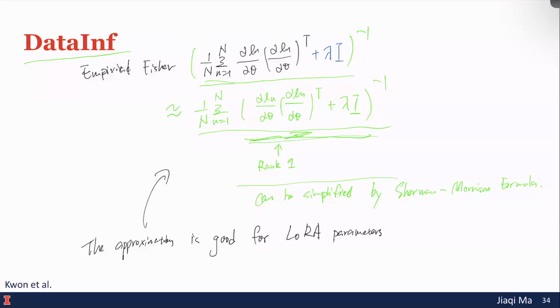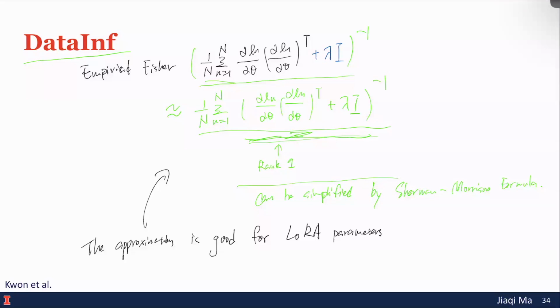So this is another way, for some specific model structures, especially for LoRA fine tuning, to do this inverse Hessian product more efficiently. And you can also use this to calculate the influence function more efficiently.